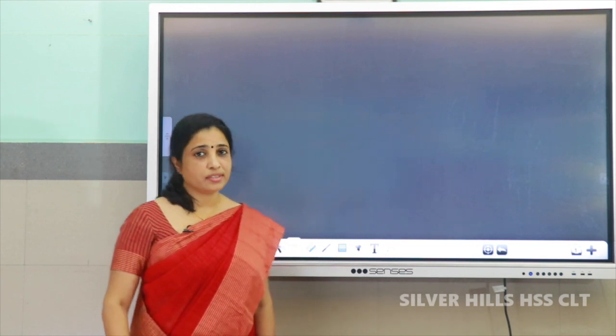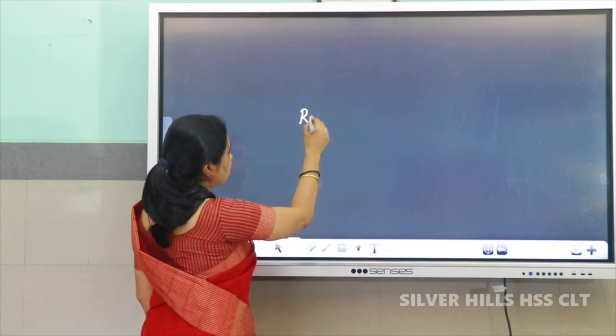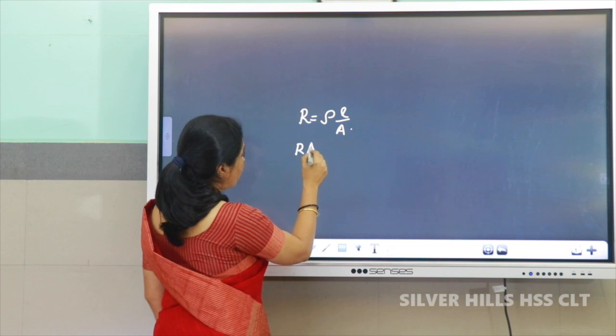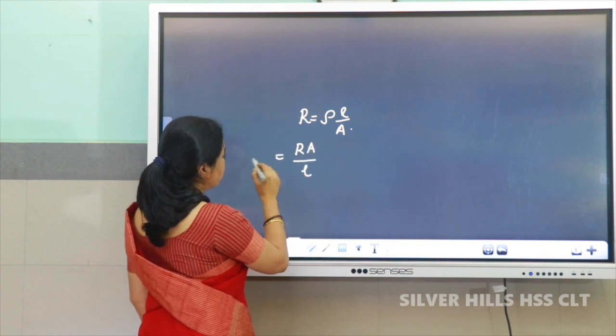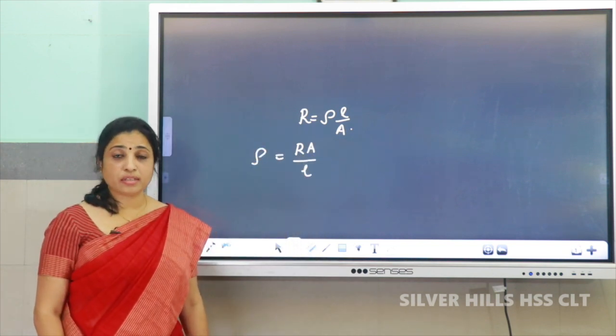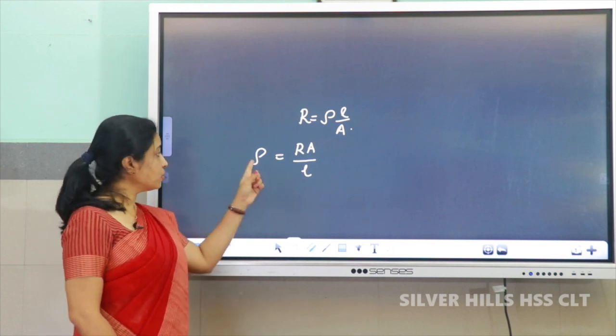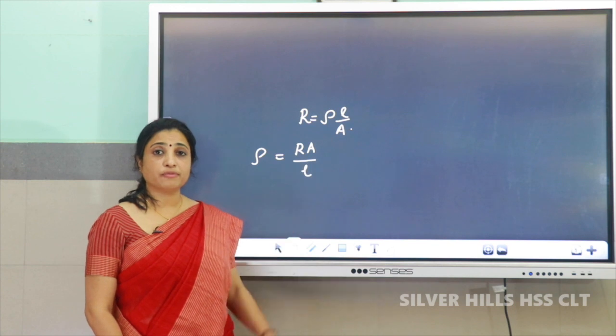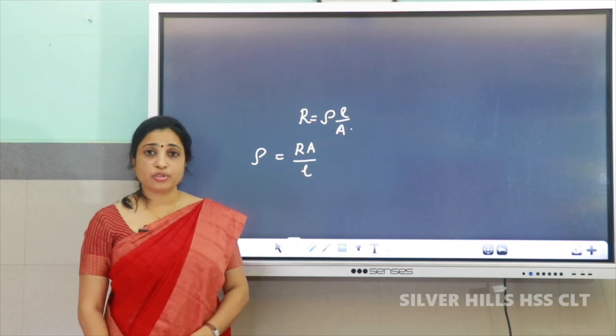We have the equation R is equal to rho into L by A, or RA by L is equal to rho. So from this equation it is very clear that the unit of resistivity is the unit of resistance multiplied by unit of area divided by unit of length.